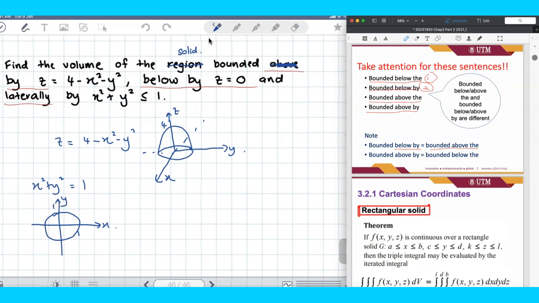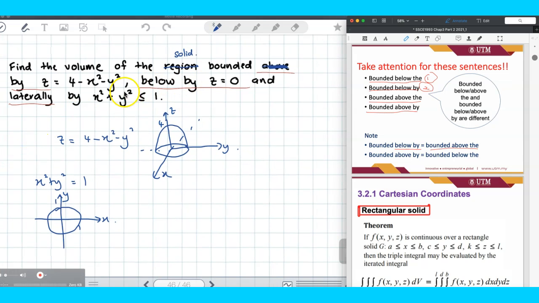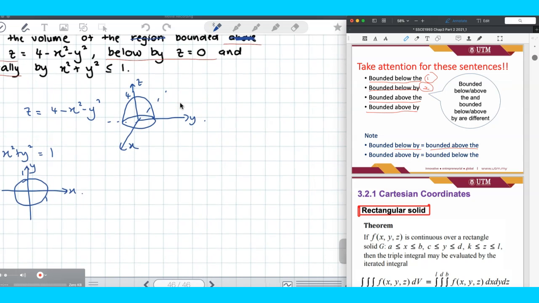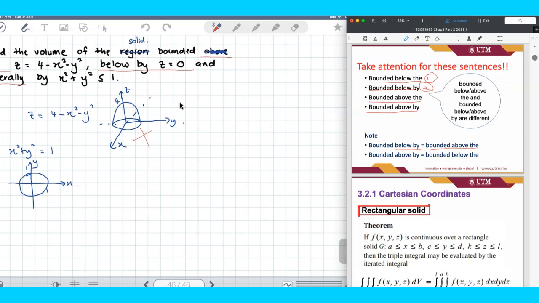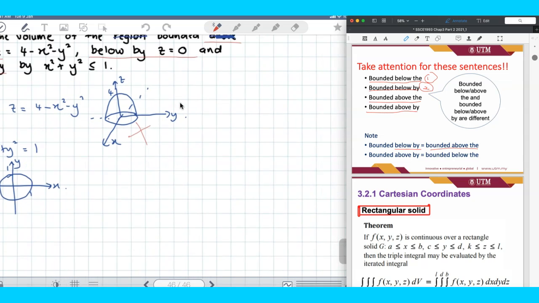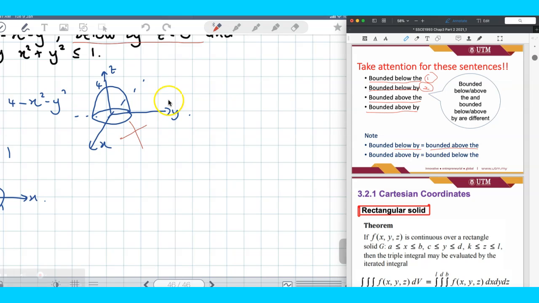Find the volume of the solid where the solid is bounded above by the bowl and below by the floor, and laterally by the cylinder. If we sketch this in 3D, this one is actually a cylinder with radius 1. So our solid is actually not in this form. What size is the circle of the bowl when z equal to 0?